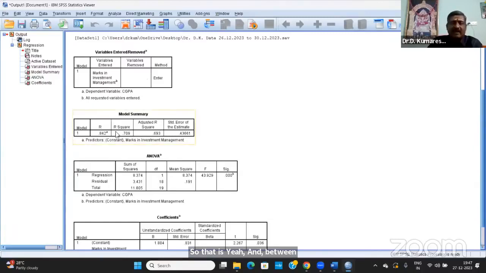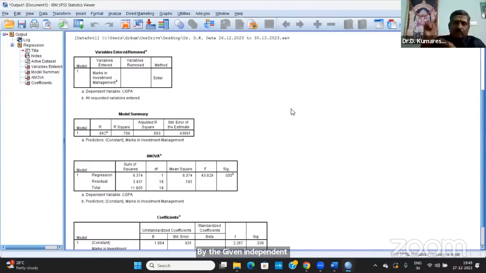This R square, I told you, is the coefficient of determination. That means the dependent variable is influenced to the extent of 70.9% by the given independent variables.